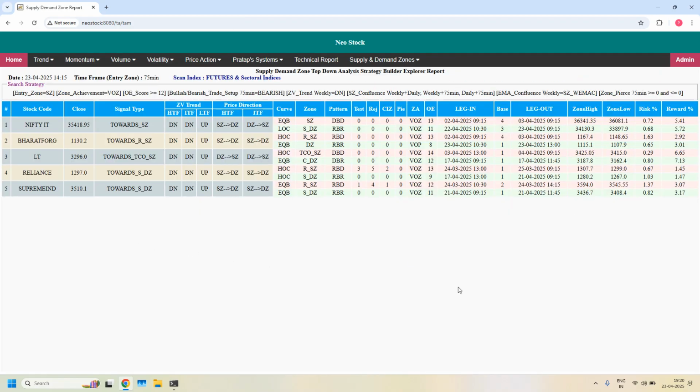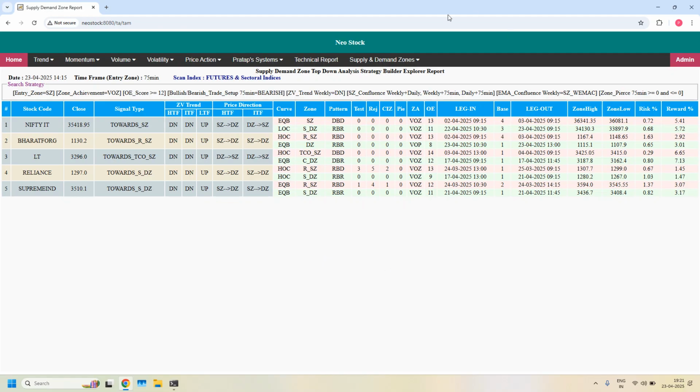We got 5 stocks. So these 5 75 minute supply zones are having more probability to get success. So this is bearish trade setup for weekly income trade.